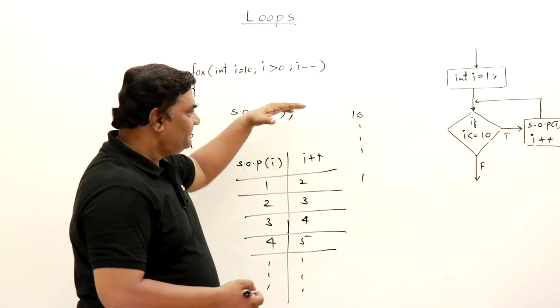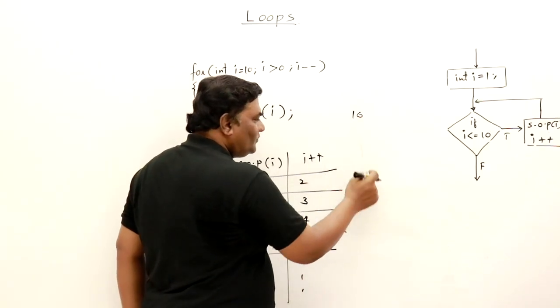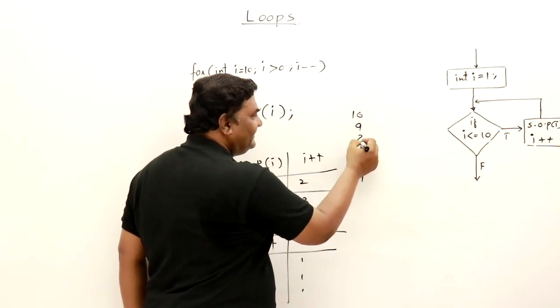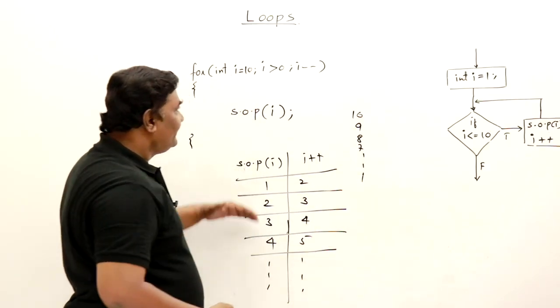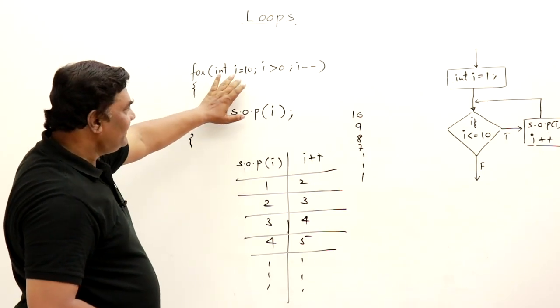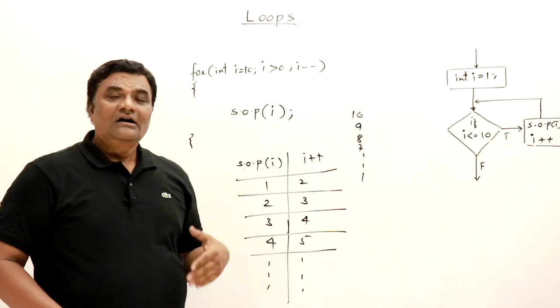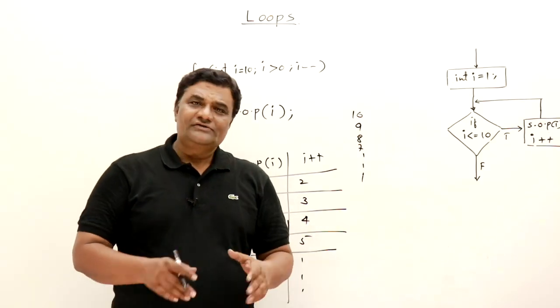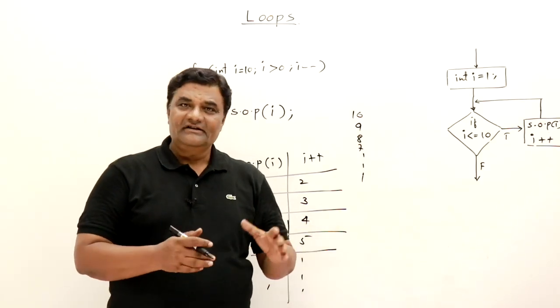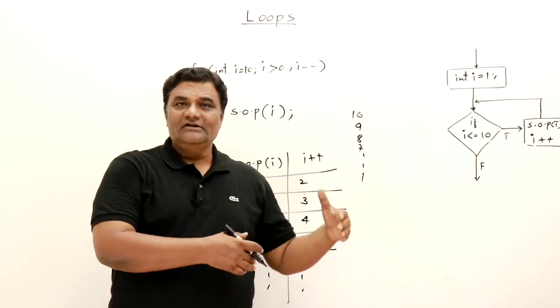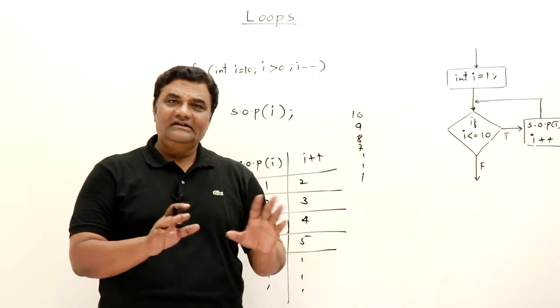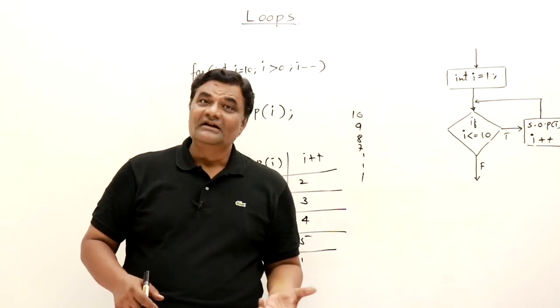So now the values will be printed from 10 through 1, that is 10, 9, 8, 7 and so on. Initial value is 10, so this is a decrementing counter loop. In a for loop you can either increase the counting or decrease the counting, depending on your requirement.